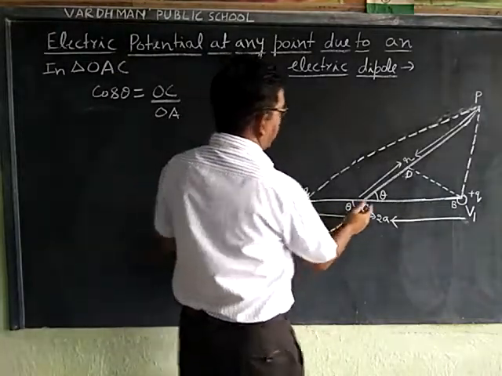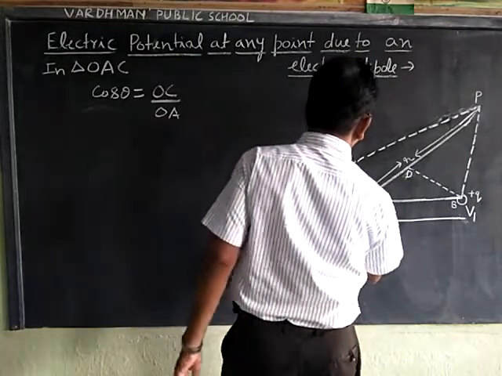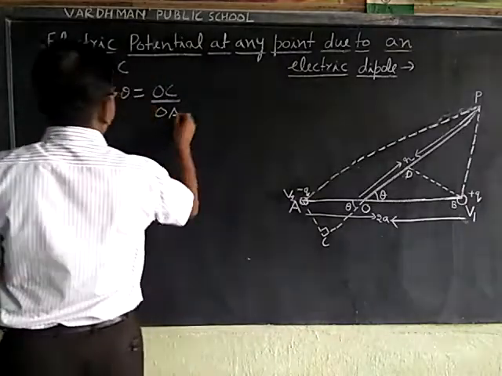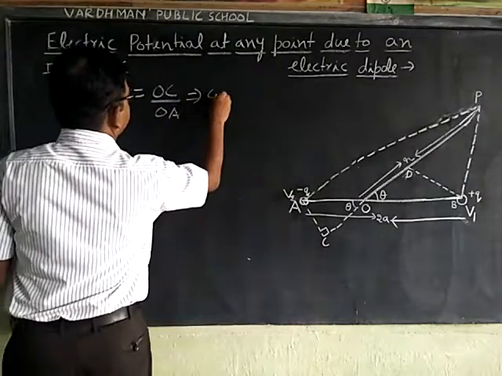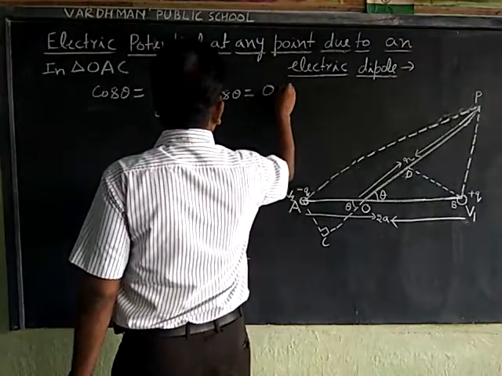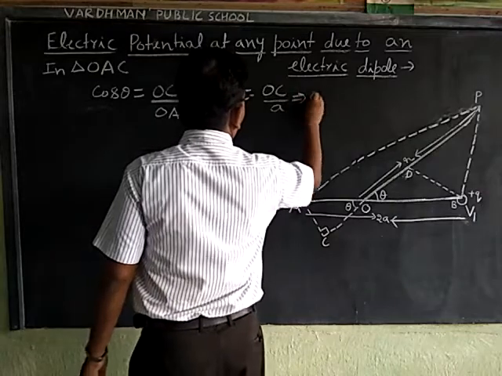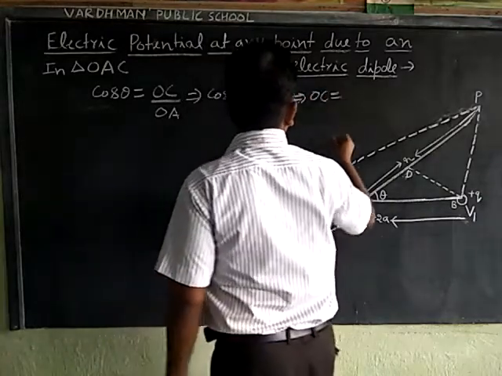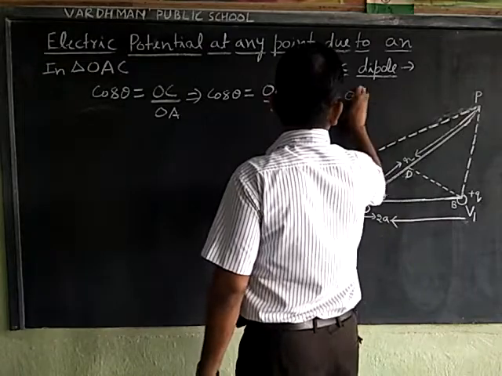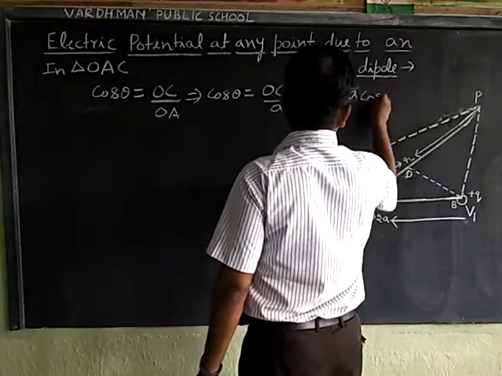This is A, the midpoint of the dipole. So OA is a, which implies cos theta is equal to OC upon a. This implies OC is equal to a cos theta.